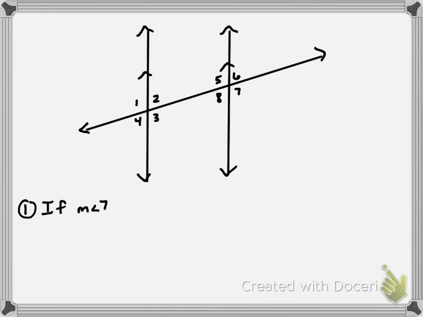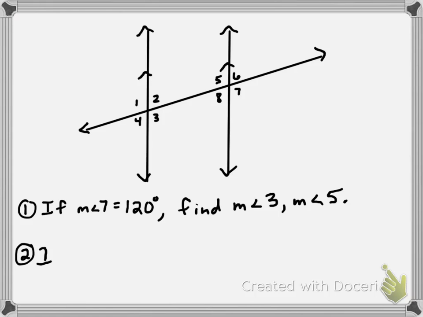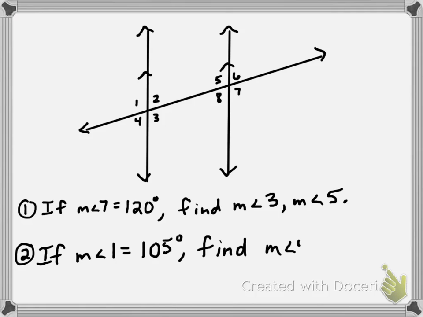Okay, so the first one, it says if the measure of angle 7 equals 120 degrees, then find the measure of angle 3 and the measure of angle 5. And number 2 says if angle 1 was 105 degrees, find the measure of angle 4 and the measure of angle 6.